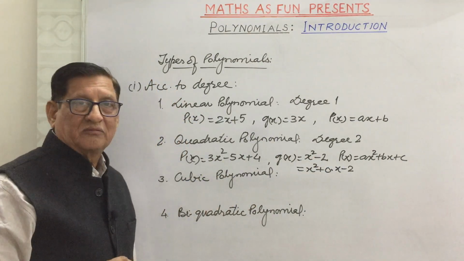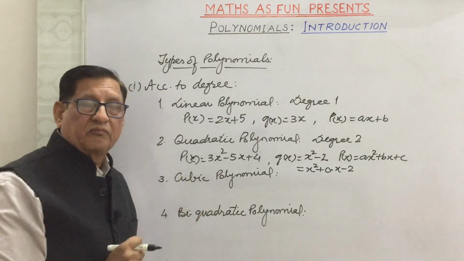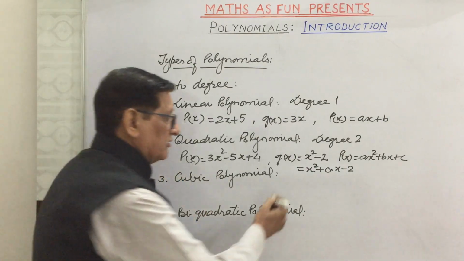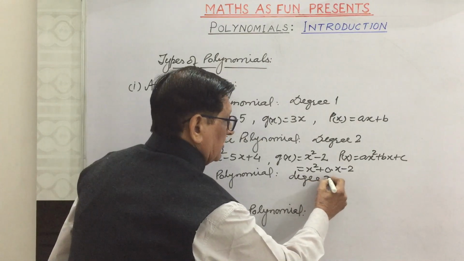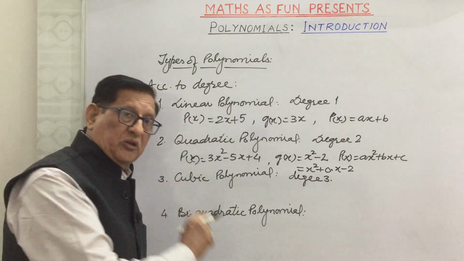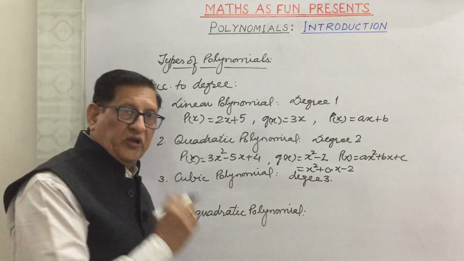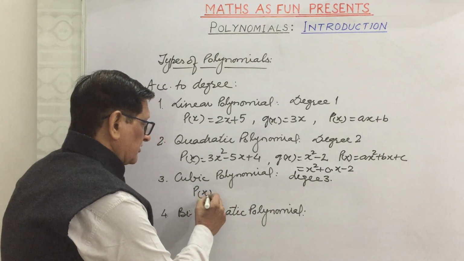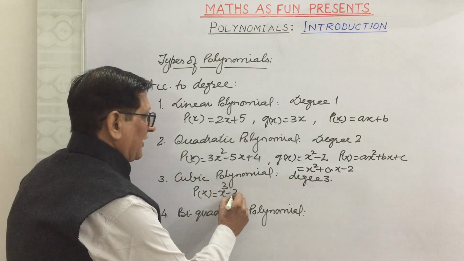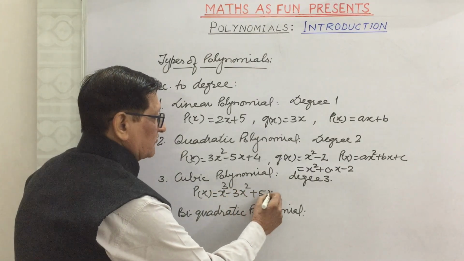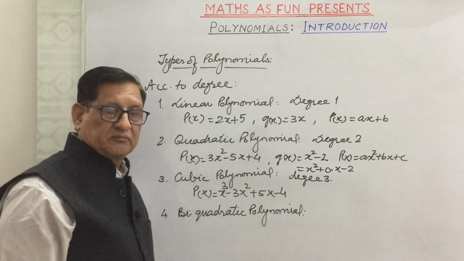Cubic polynomial. The name itself tells cube. Cube means power 3, so here the degree is 3. Polynomials of degree 3 are known as cubic polynomials. For example, we have p(x) = x³ - 3x² + 5x - 4.